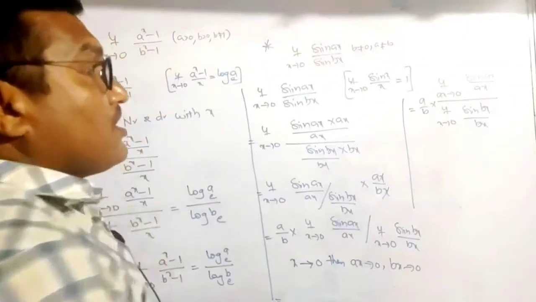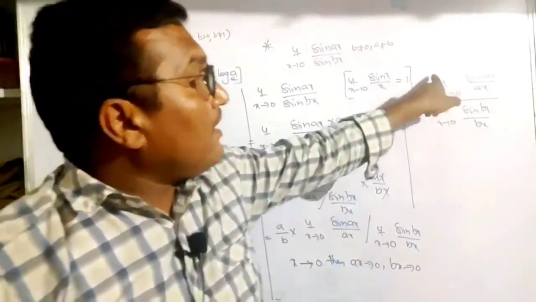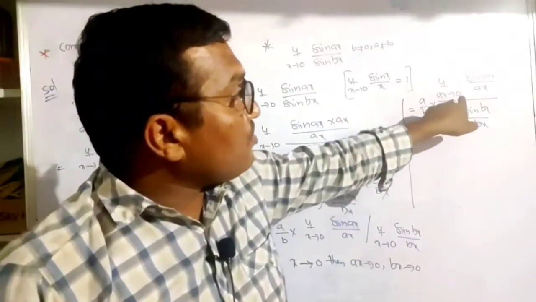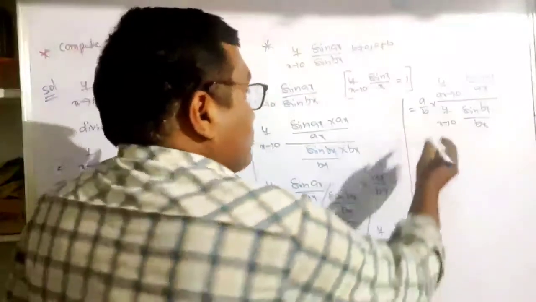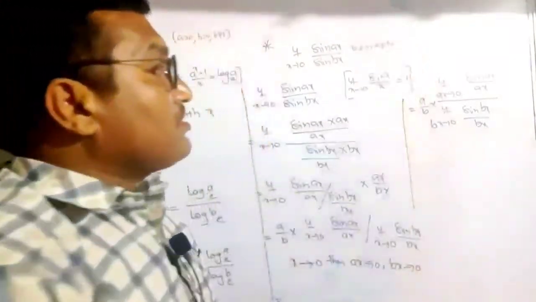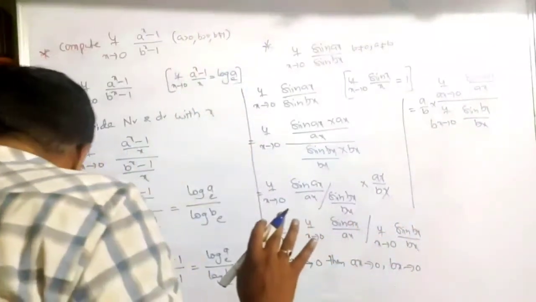Now further here, limit x tending to 0 sin x by x is equal to 1. In the same way, limit ax tending to 0 sin ax by ax, and limit bx tending to 0 sin bx by bx, become 1.